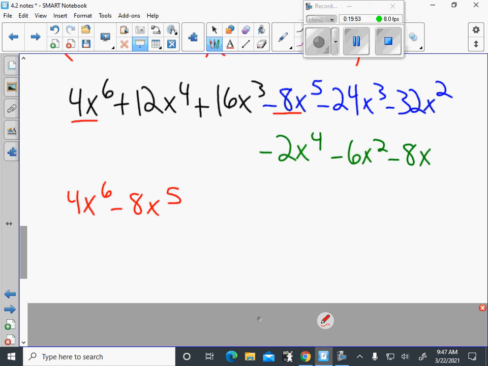And now let's go to the 4th. 12x to the 4th. Anything combined with that? Yep, right here. Okay, 12x to the fourth minus 2x to the fourth. That gives me 10x to the fourth. That is a terrible x. I apologize. Let me erase that.